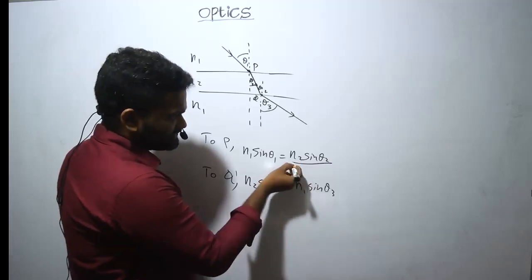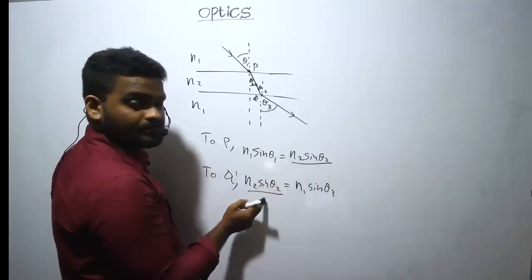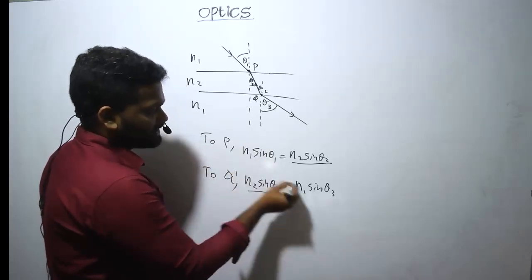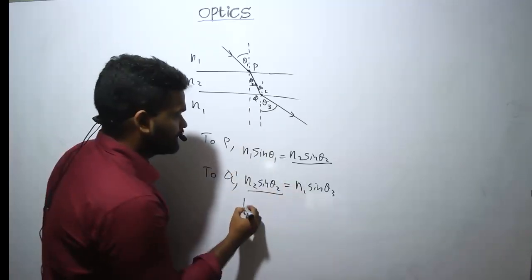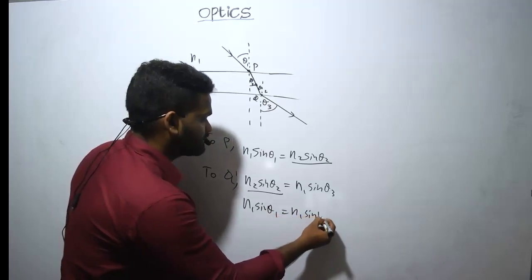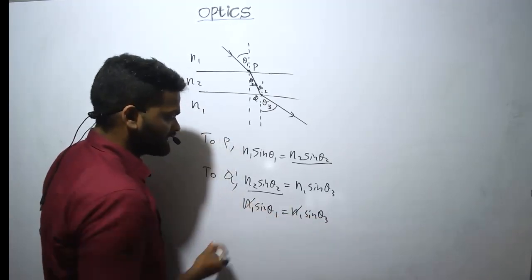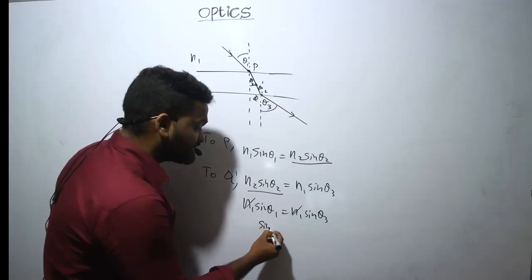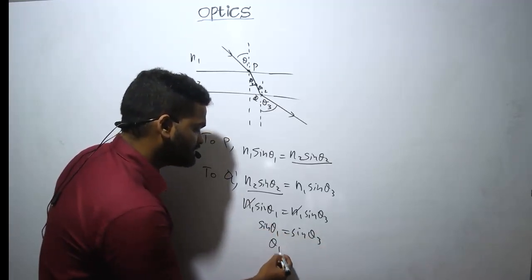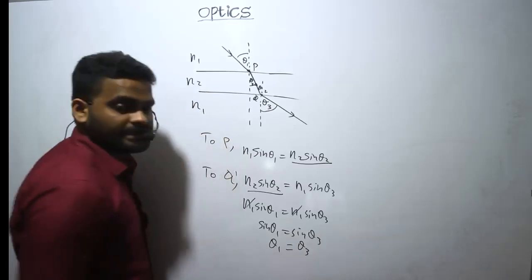You can see this term and this term are the same. So n1 sine theta 1 equals n1 sine theta 3. n1 cancels off. Sine theta 1 equals sine theta 3. So from this you can see theta 1 is equal to theta 3.